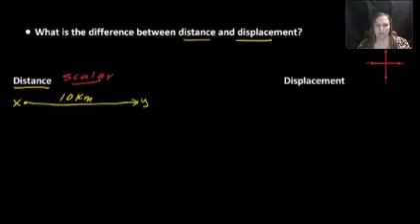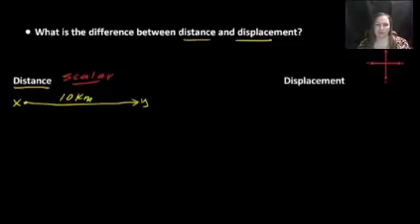It does not have a direction. Distance does not have a direction. It's a scalar measurement. And it is simply the length of the path traveled between the origin, your starting point, and your ending point, in this case, at point Y. So I could say here that the distance I traveled was simply 10 kilometers.